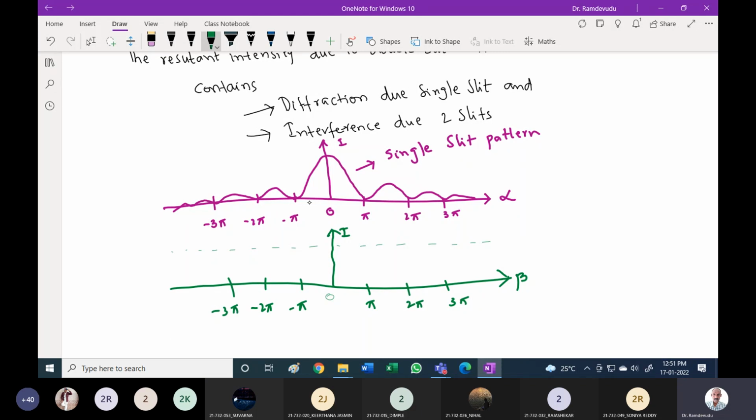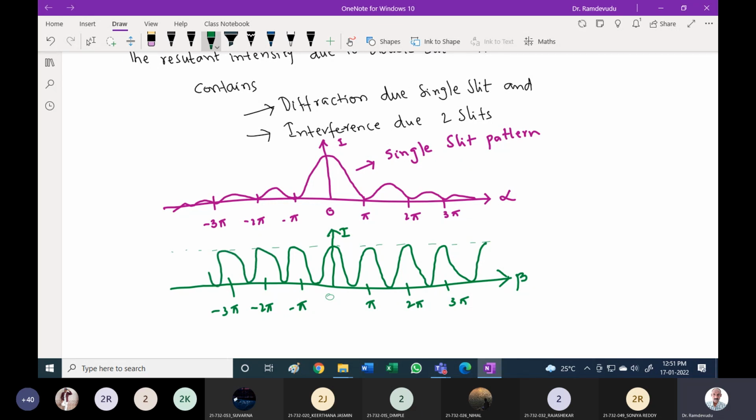Therefore, if I would like to draw the curve for this, we have maximum at 0, it goes down to minimum, again maximum at pi, and minimum and maximum, like this I will get. But with equal intensities. All maximums are of equal intensity, all minimums are of equal intensity.